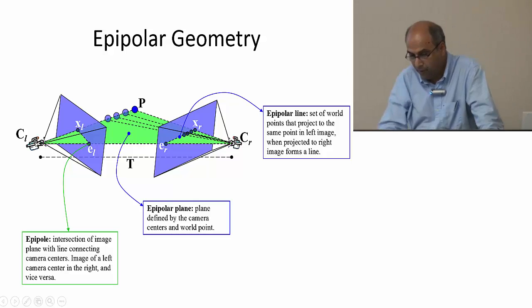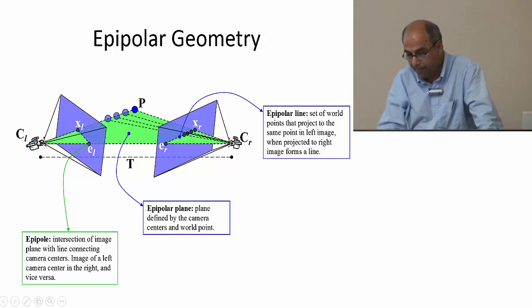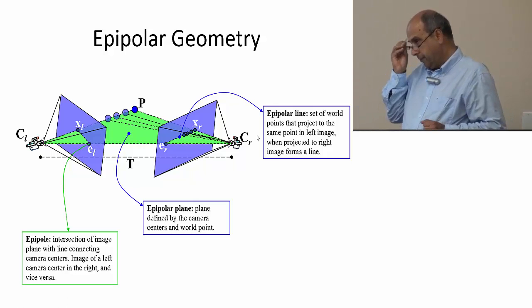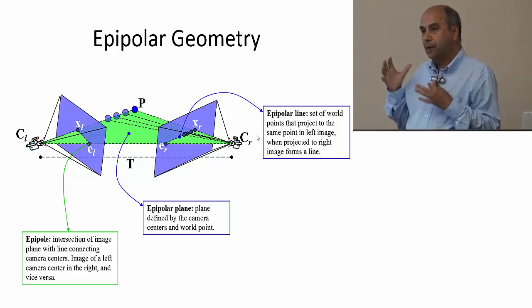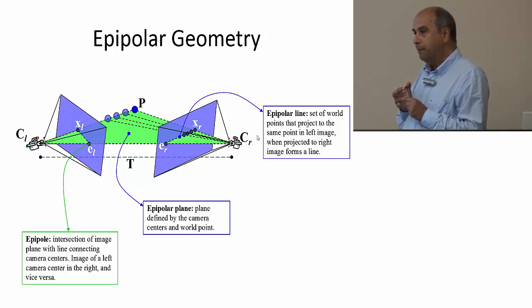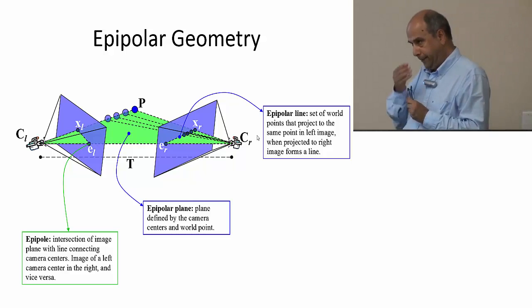Same way, if I take this thing, I draw a straight line from here to here, and it intersects here. So this is the image of this point, which is visible in the right camera. So it's just a straight line. Okay. So those are the notions: the epipole, epipolar line, and epipolar plane.